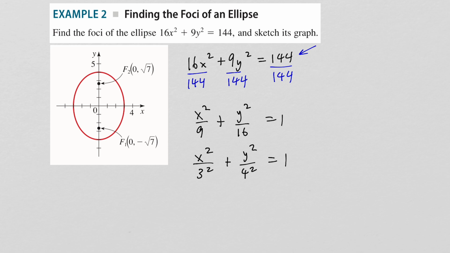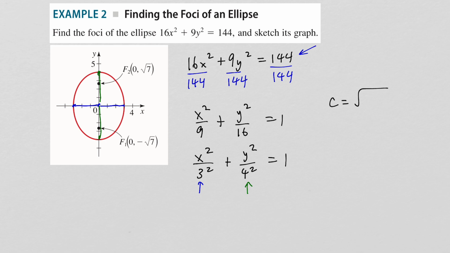So to graph this is pretty simple. We know the center is at the origin. We know in the x direction, we're going to go 3 units to the right, 3 units to the left. In the y direction, we are going 4 units up and 4 units down. So once we get those 4 points, we can pretty easily graph the ellipse. And then for the focus, we need c.